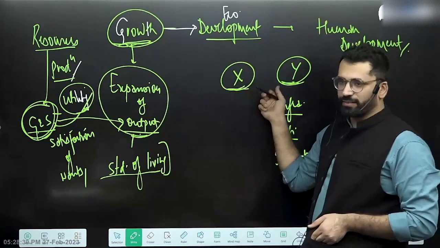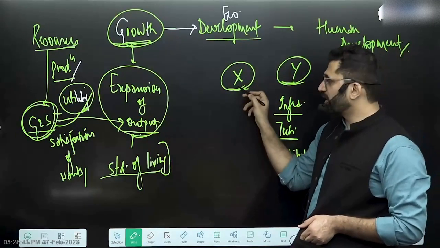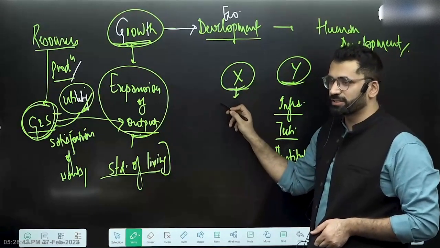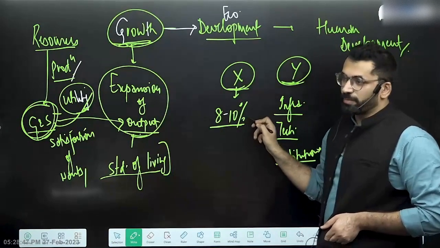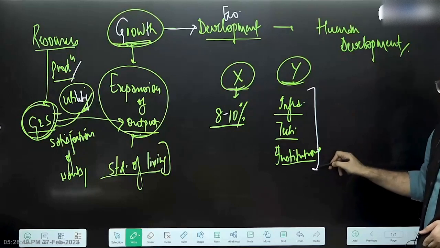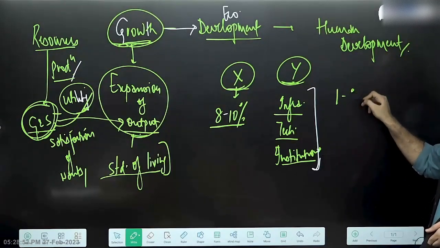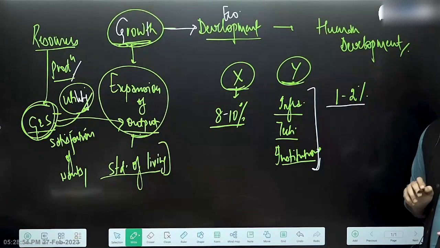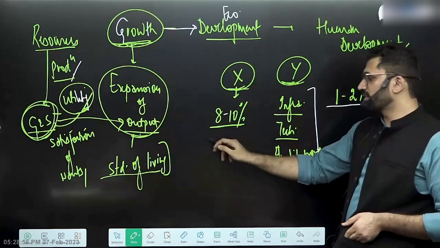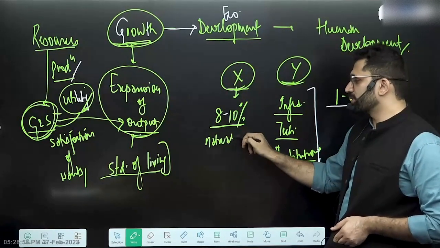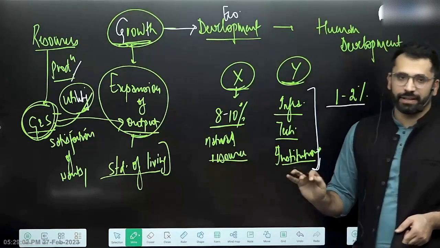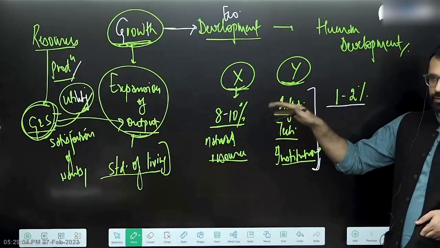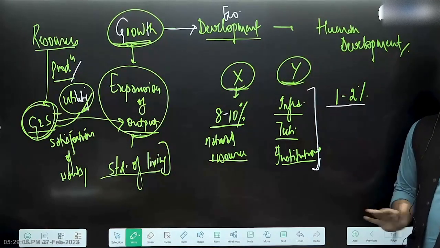Country X is devoid of these things, but country X has found certain natural resources and now is clocking a growth percentage of 8 to 10%. This country has all the things, but its growth percentage is only 1 to 2%. This has gotten certain natural resources. For example, Saudi Arabia, it has got a new oil reserve and now the growth percentage is 8 to 10%.